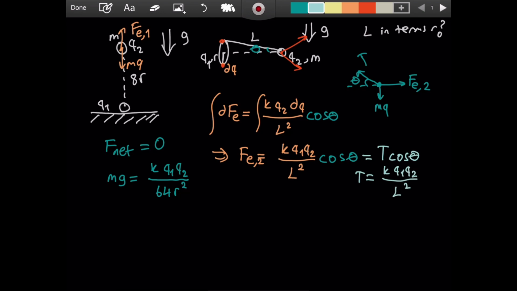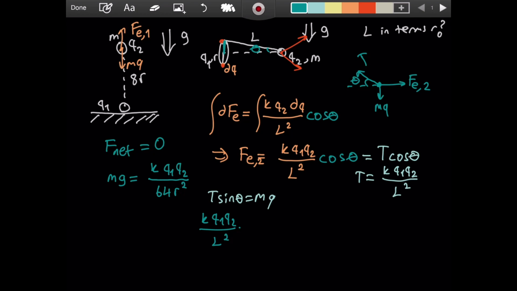All right, cool. Now, considering the vertical direction, we see that T sine of theta equals mg. So let's just substitute for T and mg. What is T? We just found it. It is K, Q1, Q2, L squared times, we need sine of theta. And what would that be?